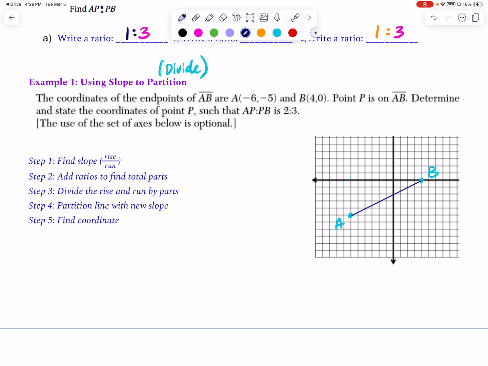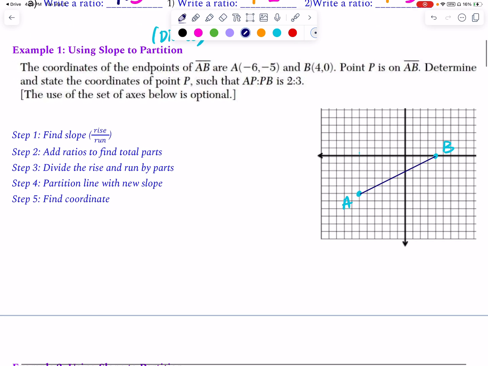Now, point P is on AB. Determine and state the coordinates of P such that AP to PB is 2 to 3. So P is somewhere on this line, but we need to figure it out. So, step 1, find the slope. So we're going to use the rise over run form.